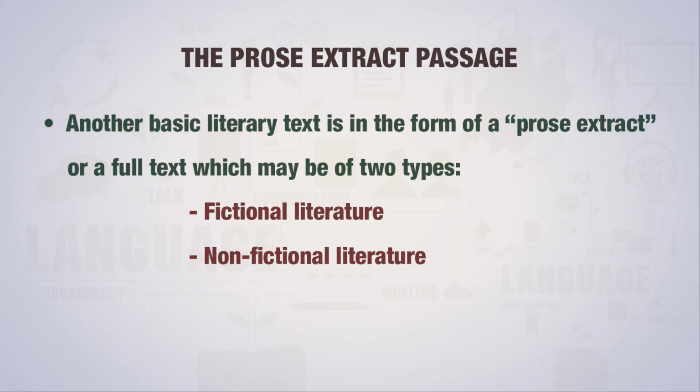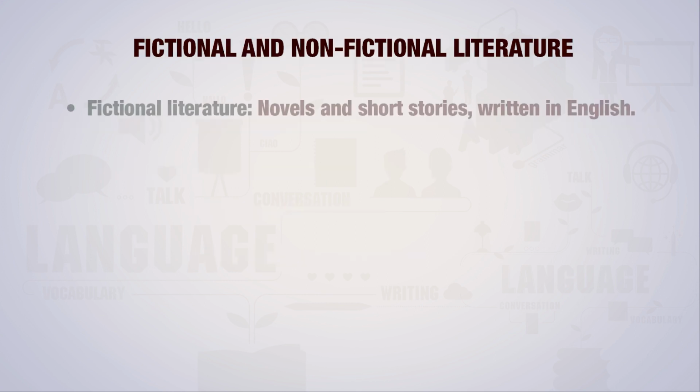The second type of literary passage or literary specimen taught in nearly all English language classrooms is the basic literary text in the form of a prose piece, or rather a prose extract. A prose extract may be either fictional literature or non-fictional literature. We all know that under fictional literature we include novels and short stories written in English.